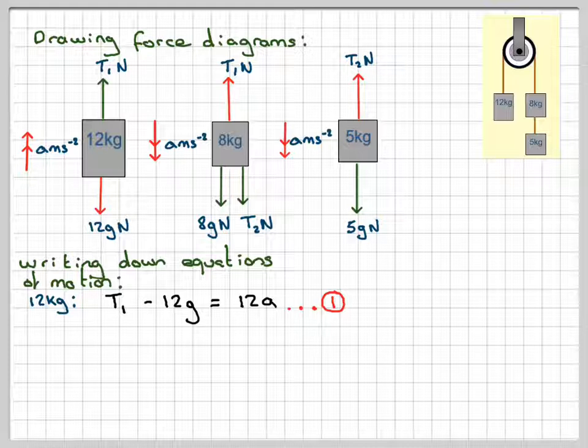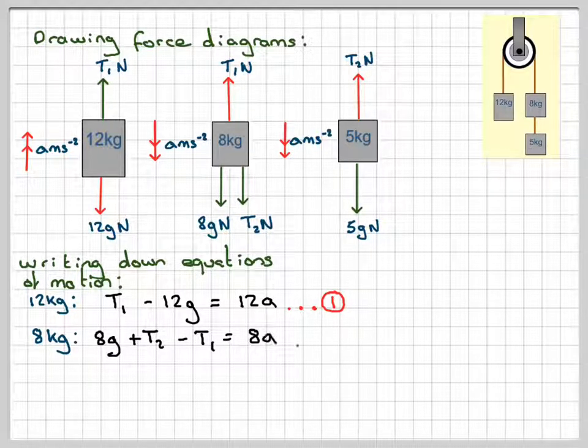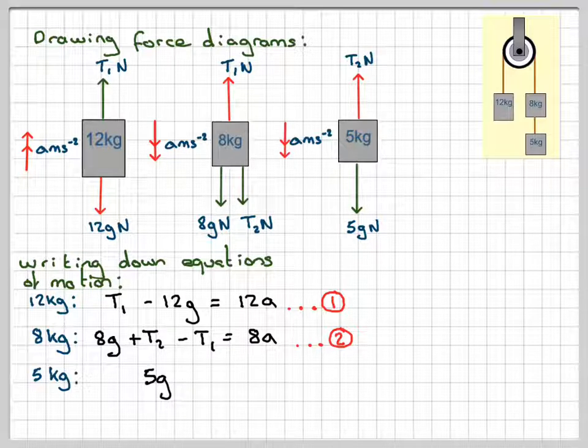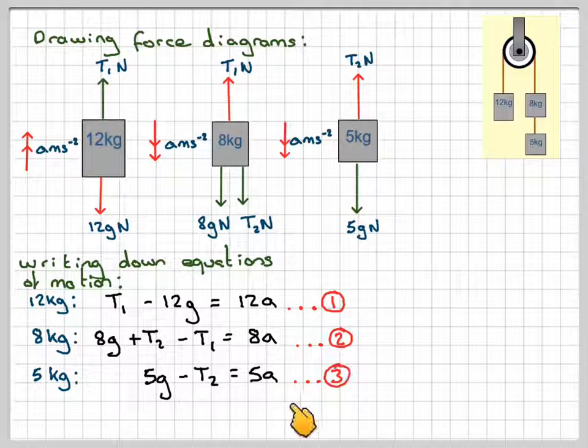In the second case, we're going to have 8g plus T2 minus T1 equal to 8A, using Newton's second law. And in the third case, for the 5 kilogram one, we're going to have 5g minus T2 equal to 5A. We'll call that equation 3. So we've got 3 equations, we now need to solve them.